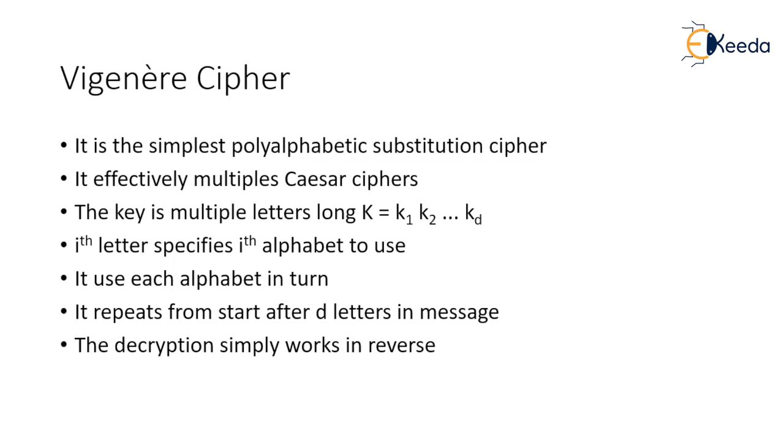That is, the length of the keyword should be the same as the length of the message. And for the Vigenere cipher, the decryption process is the exact reverse of the encryption process.